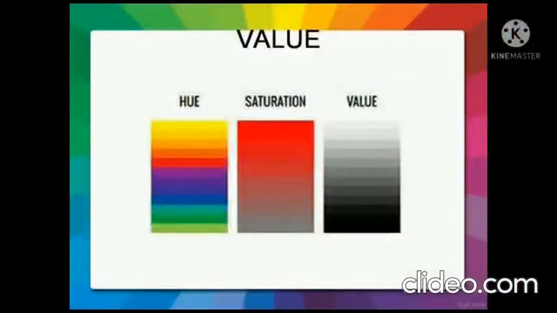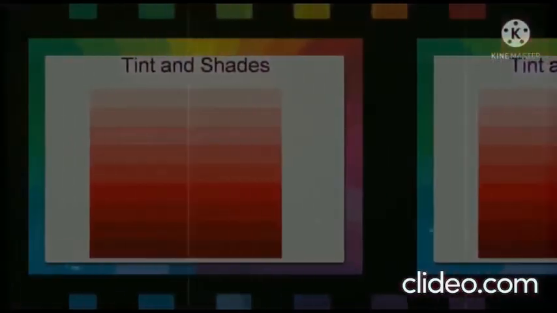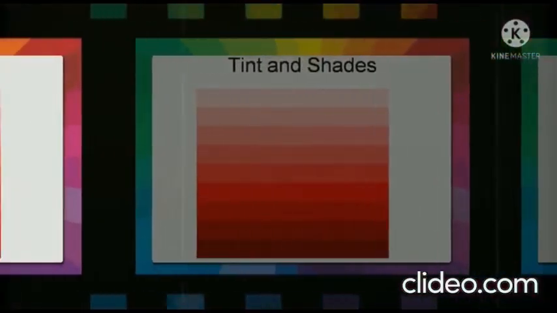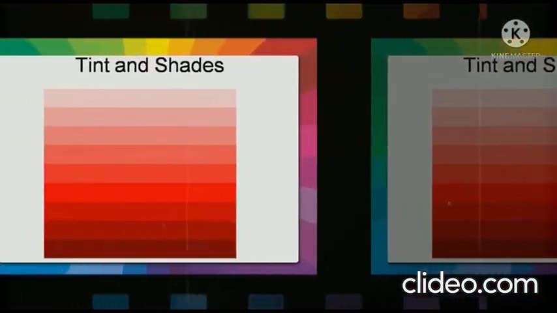Value. Value is the lightness or darkness of the hue by the addition of white, gray, or black color. The gray scale is the guide for modifying the value of any color. White added to the hue creates a tint.